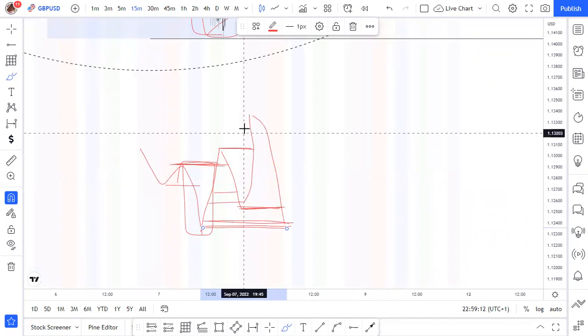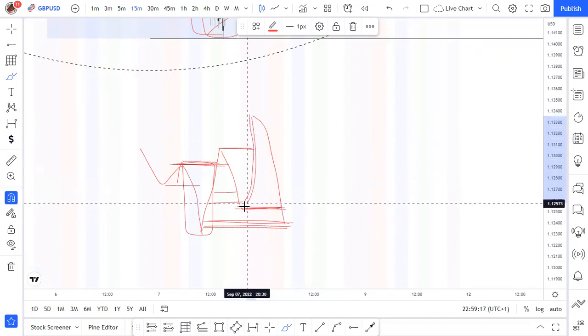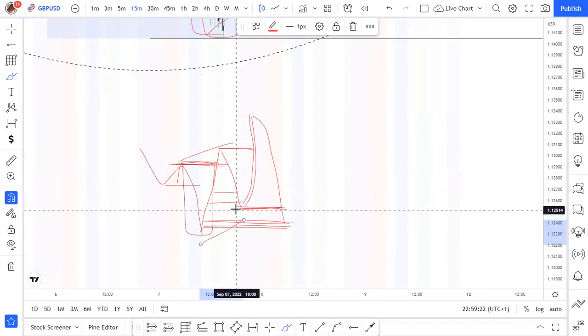Now, let me say on the 15 minute we've had this as some kind of break of structure, and we know that the confirmed structure is this bullish structure here. But then we have this break.